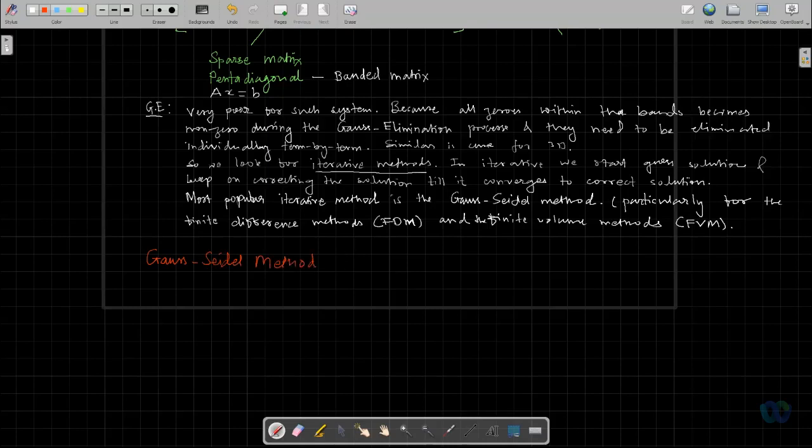And we look for a matrix-free version, a matrix-free method. We will not solve any matrix, we will not do it like TDMA. We will not supply any matrix or anything like that.